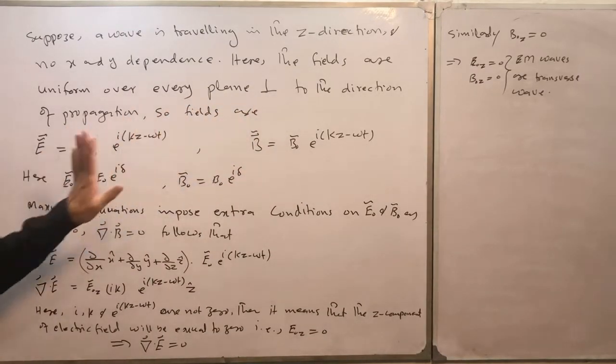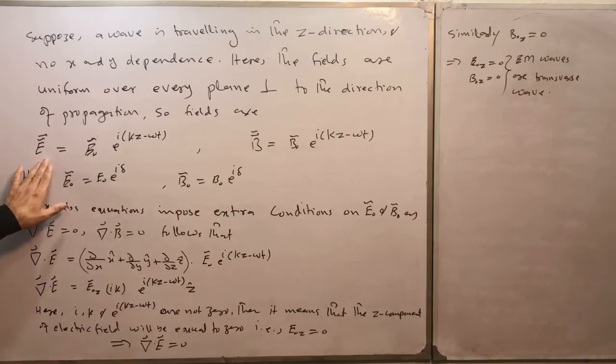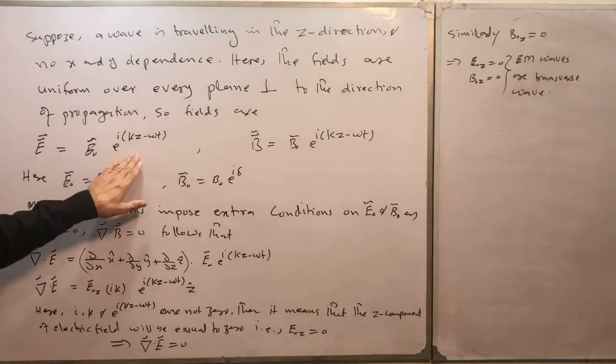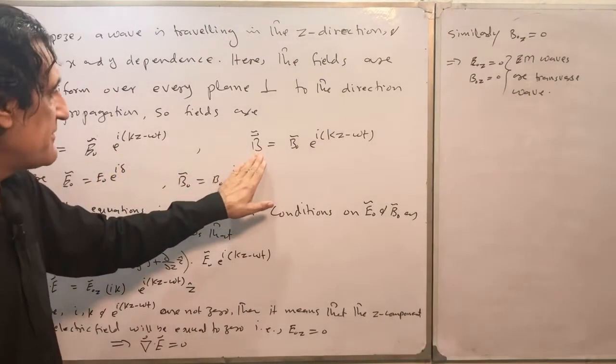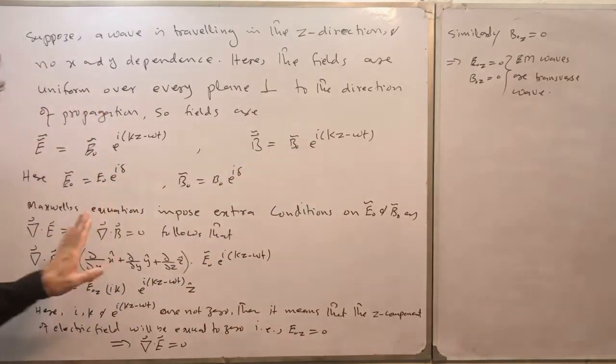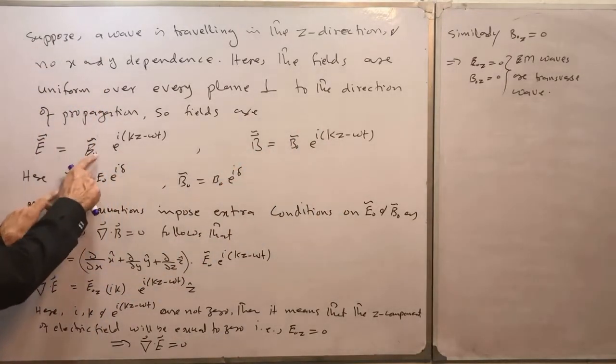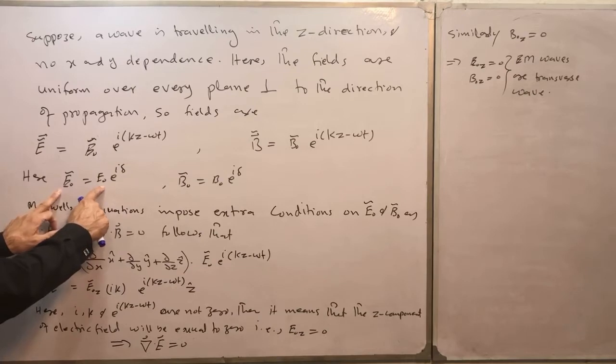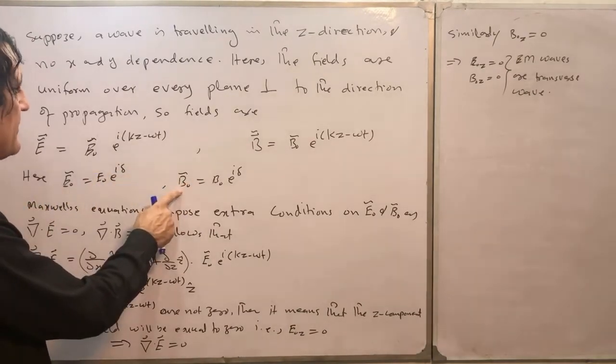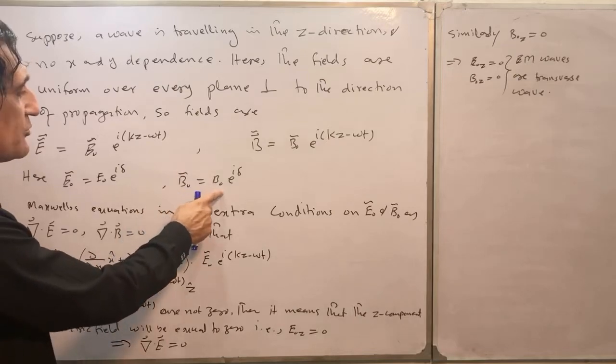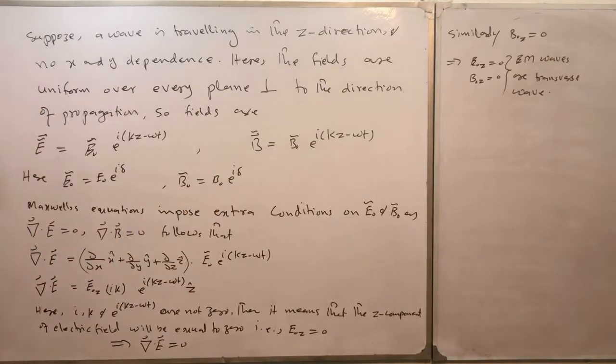So we must specify the fields. The electric field must be equal to this, the magnetic field must be equal to this. And this E naught tilde is equal to E naught e to the power i delta, and B naught tilde is equal to B naught e to the power i delta.